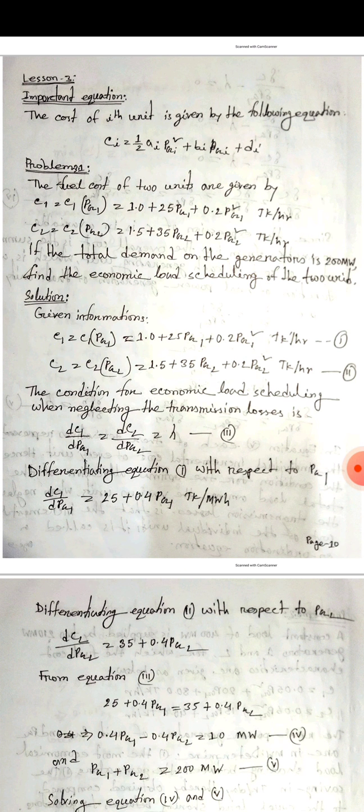Differentiating equation 1 with respect to PG1, we get dC1 by dPG1 equals 1.0 PG1 plus 25, plus 0.4 PG1 taka per megawatt hour.